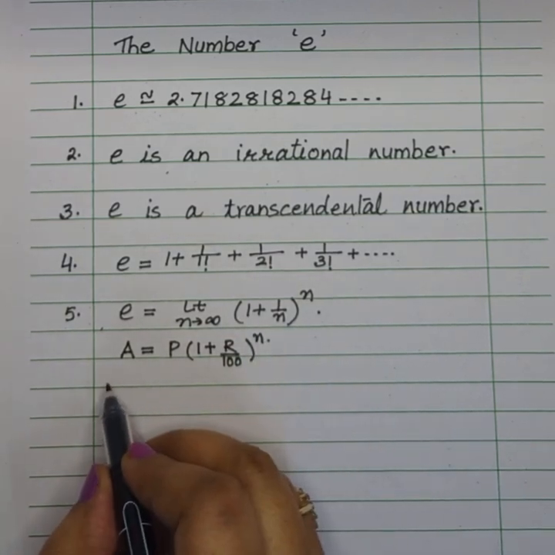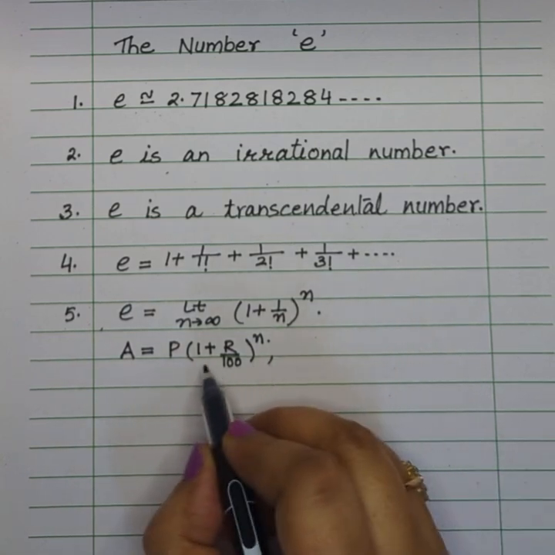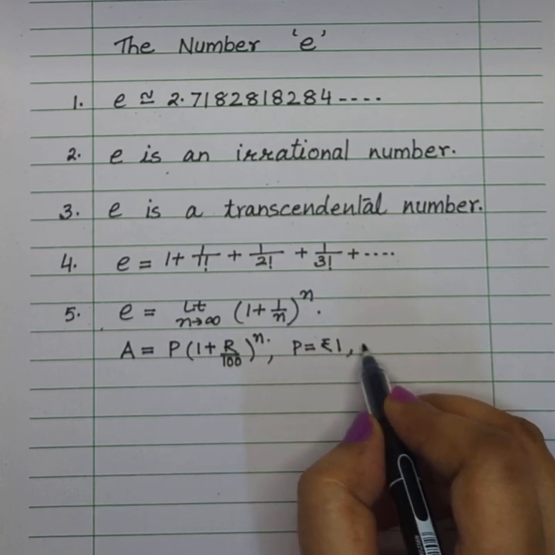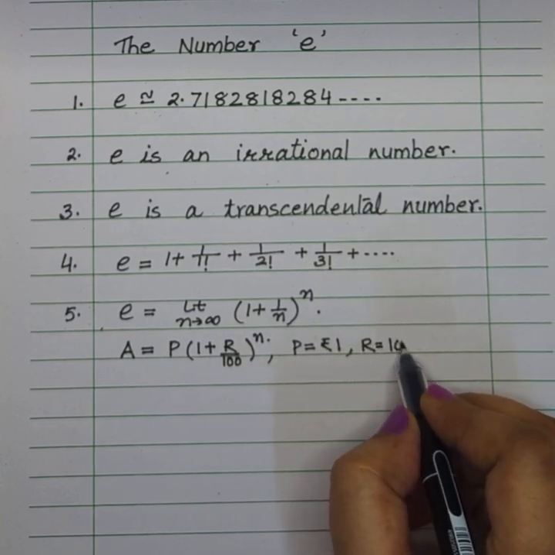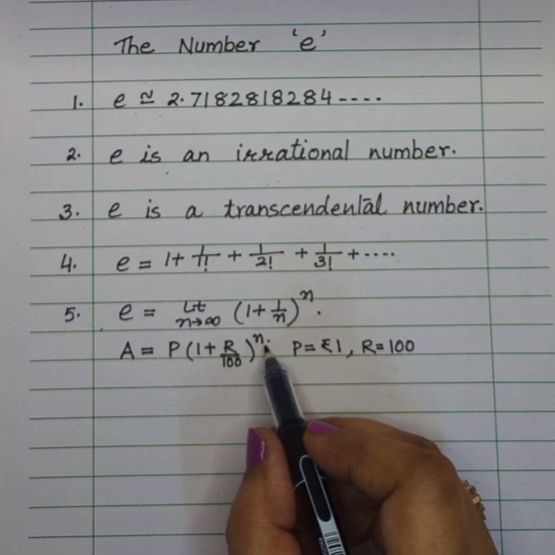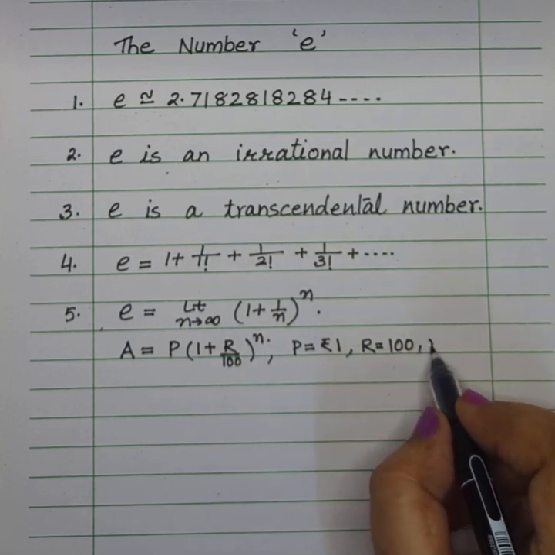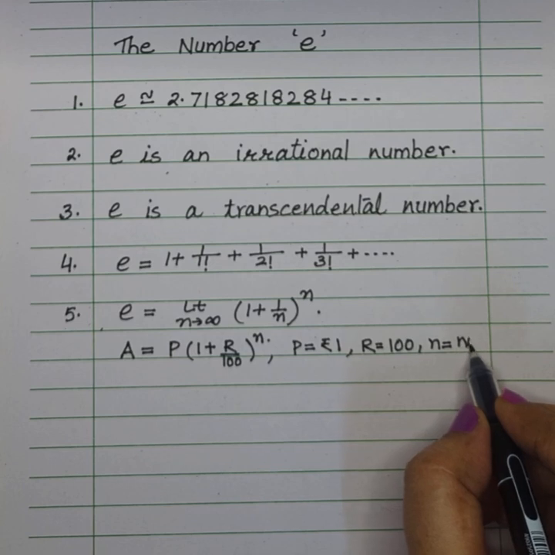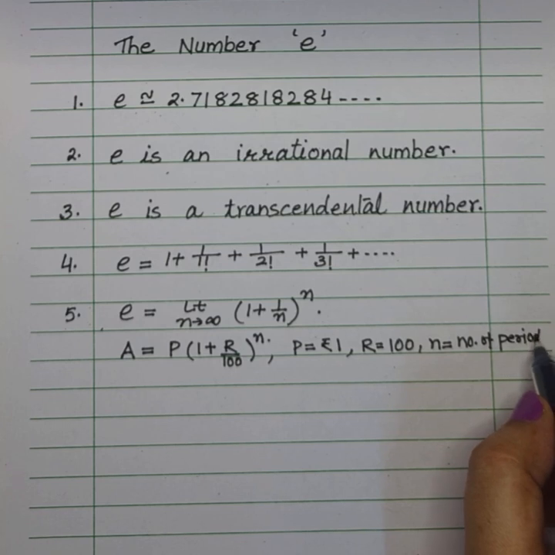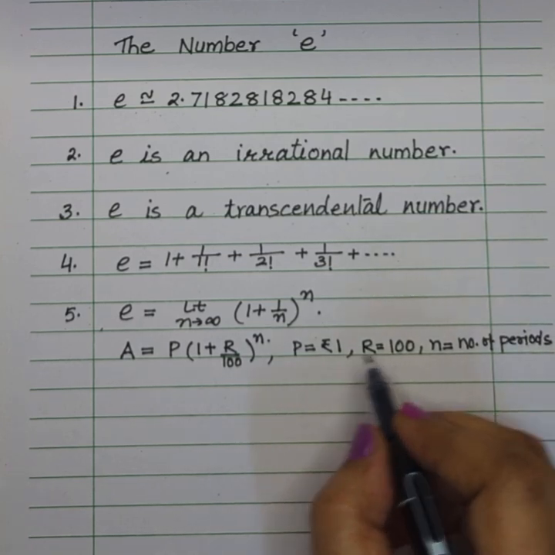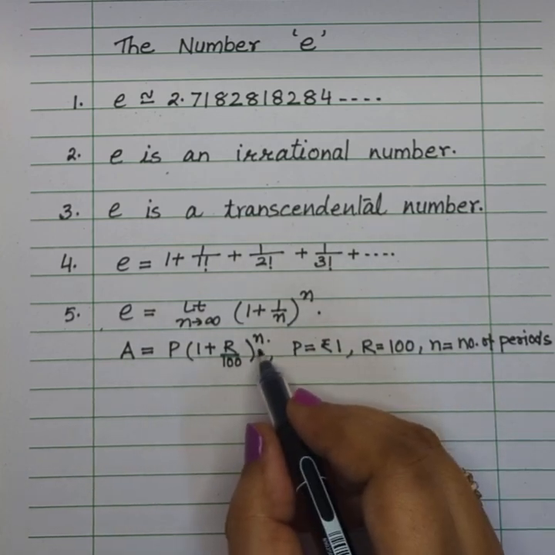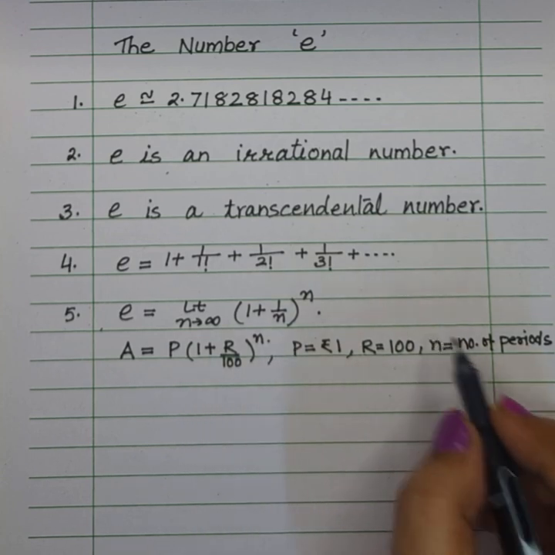If I take P is equal to rupee 1, R is equal to 100%, and n is the number of periods. Means if interest is yearly calculated, then n is the number of years. If it is calculated half yearly, then n is the number of half years and so on.